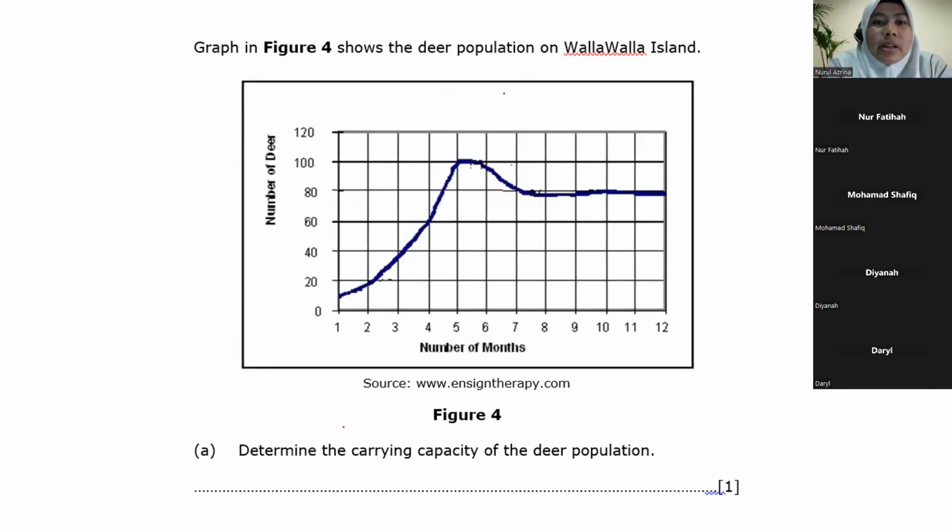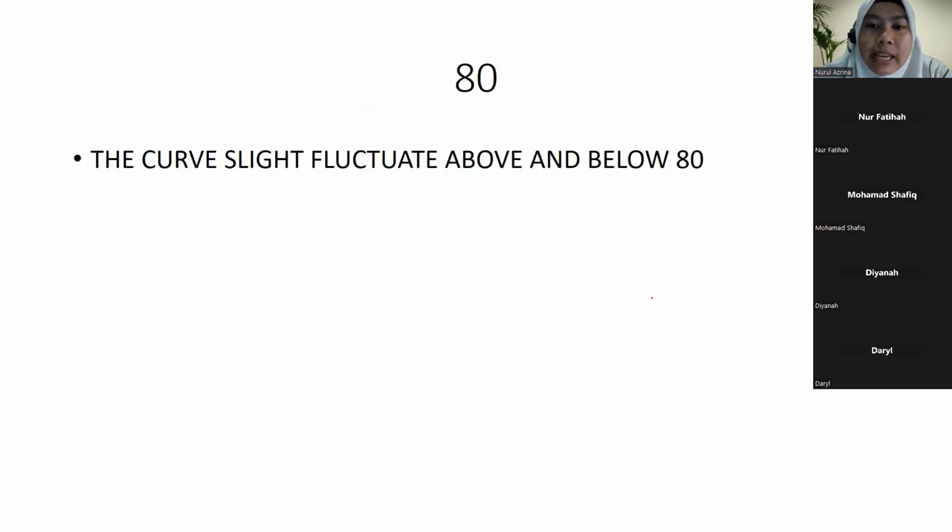Figure 4 shows the deer population on Walla Walla Island. You have the number of deer over months. First question: determine the carrying capacity of the deer population. So what is the carrying capacity of this population? 80. Yes, the answer is 80.